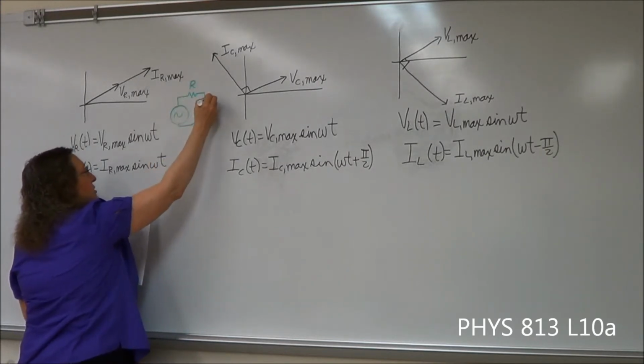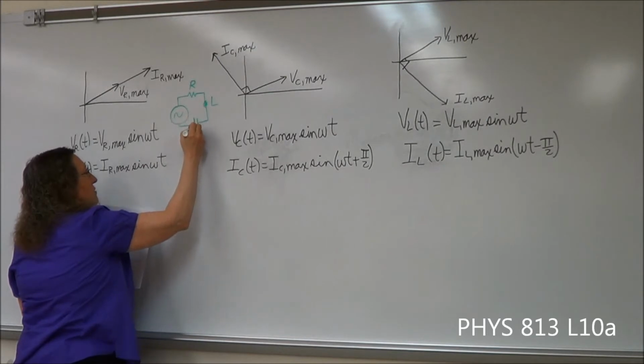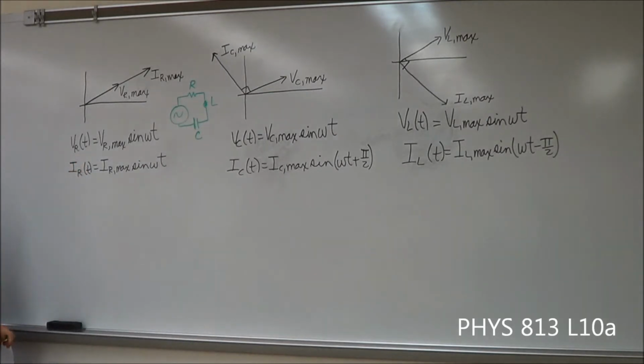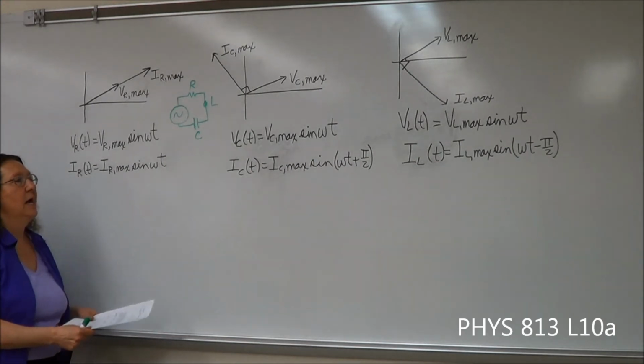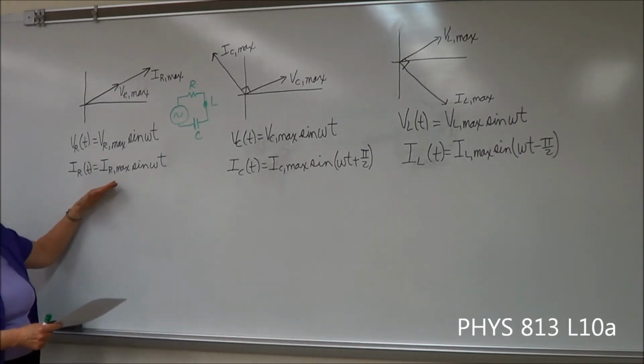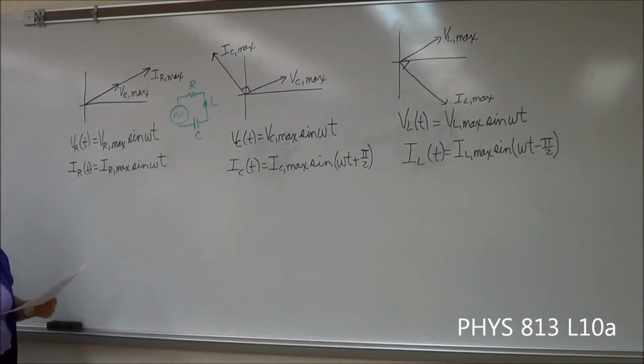So this is resistor, inductor. Make sure those lines are the same length, and that's a capacitor. Remember that in series, the current is the same at all points at any particular instant. And that's actually a major point of what we're going to do next.